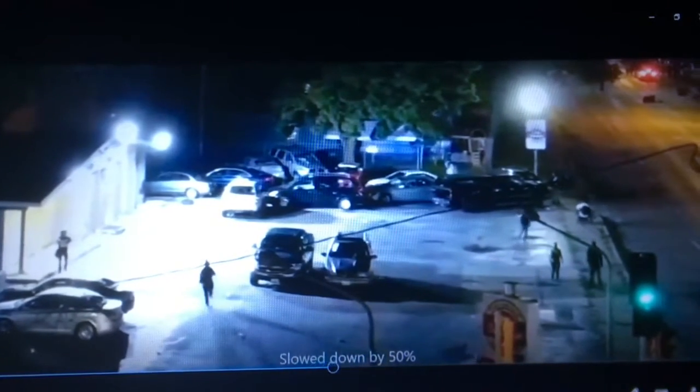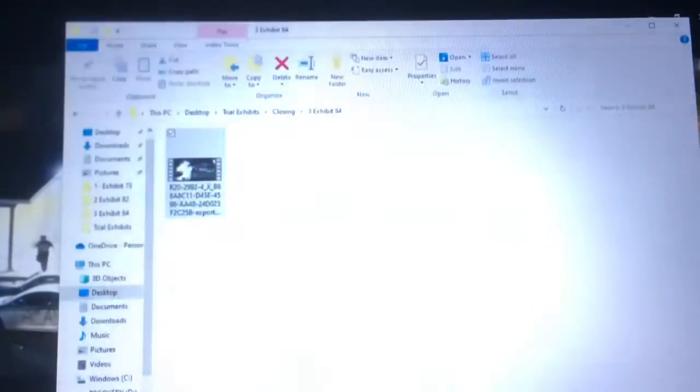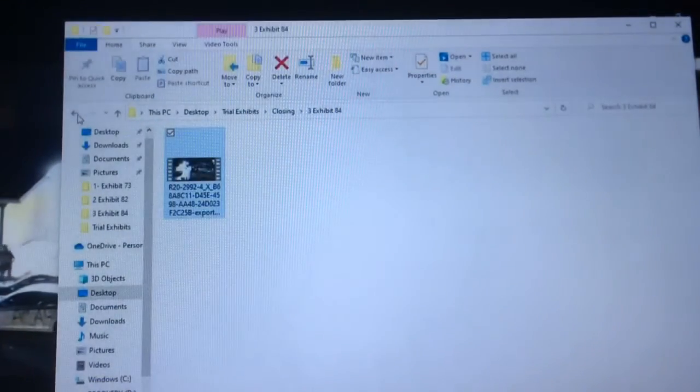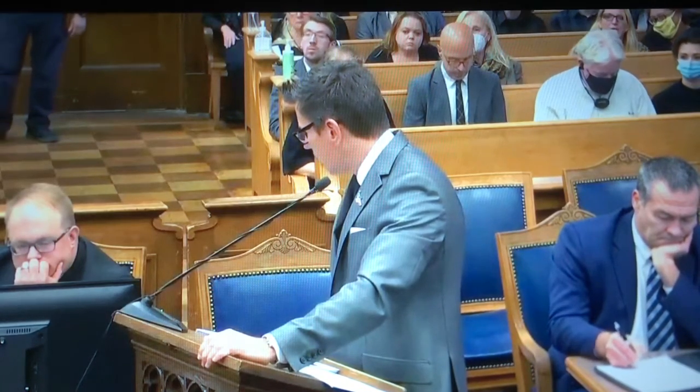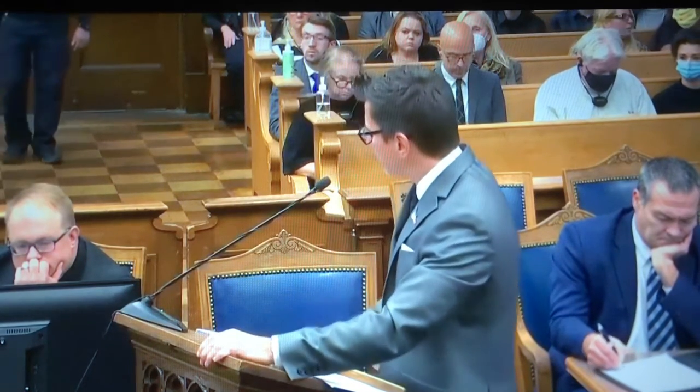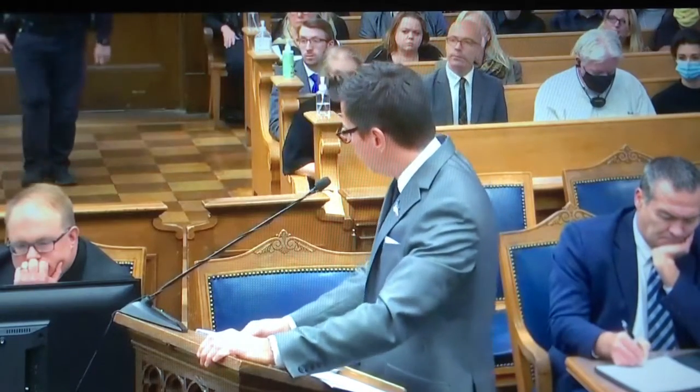Finally, I'm going to play you Exhibit 86. This shows you the final part of that, zoomed in and slowed down. Here's the defendant running in between those parked cars, slowing down, and you can see just how close, or rather how far away, Mr. Rosenbaum was when the defendant shot him.